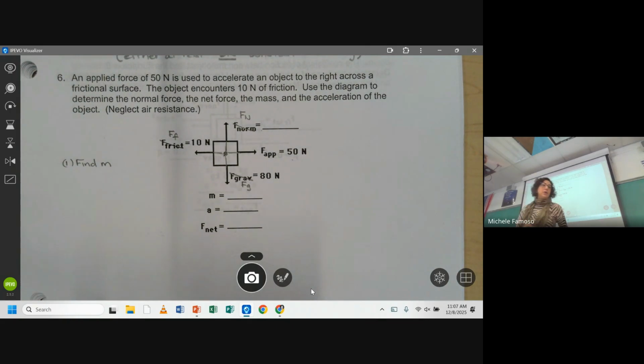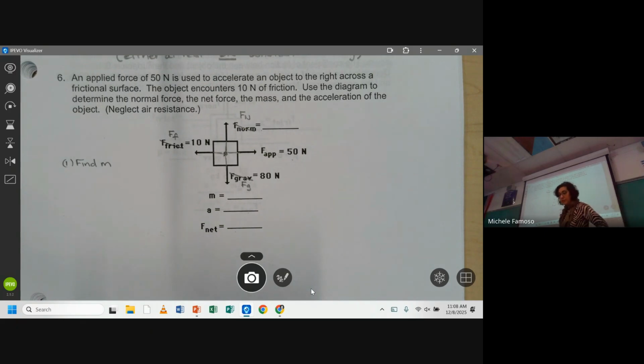Any ideas how you can use the values on that picture to help you come up with the mass? Use your reference table. These are your givens. You've got an FF, an FG, an FAPP. You're looking for M first.